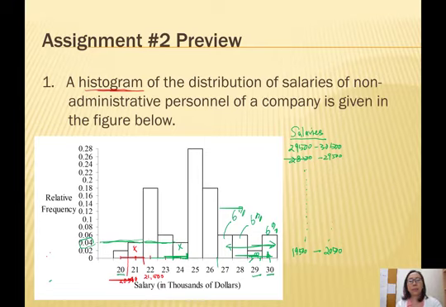Okay. Now that is salaries. And then what's given in this histogram is relative frequency. Okay, so let's put that down. So I'm listing the relative frequencies because that's what's given in the graph. So for the number 30, we're kind of reading the graph backwards, right? Because we start out with the highest. The relative frequency is going to be 0.06, right? That's right off the graph.